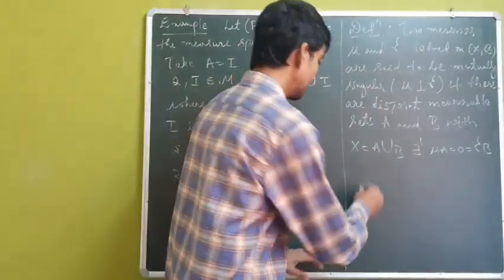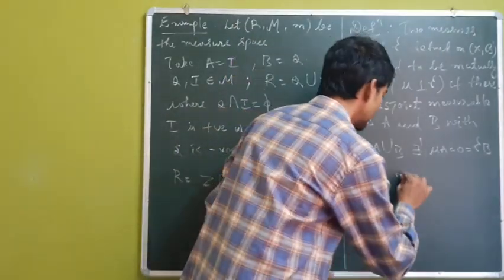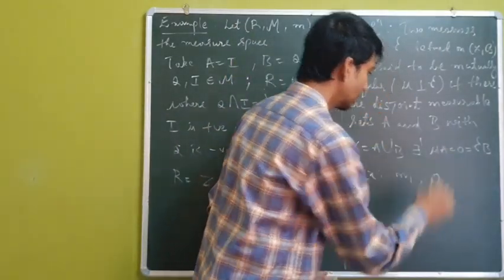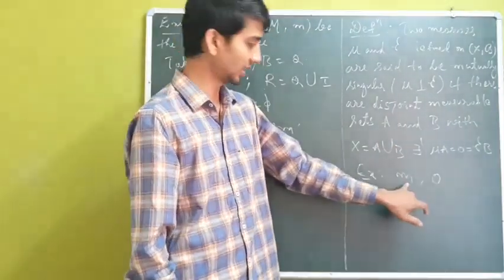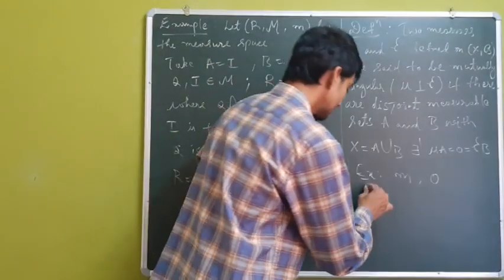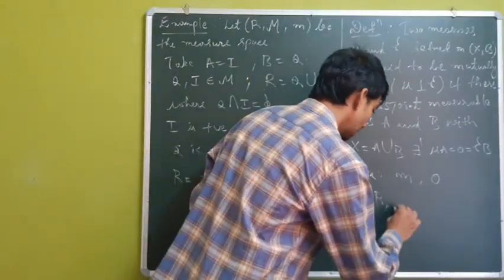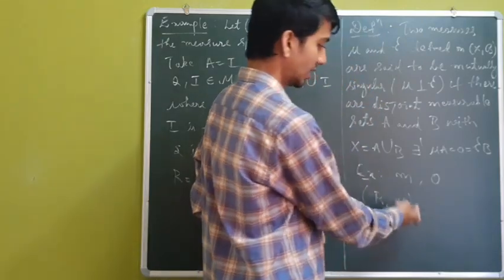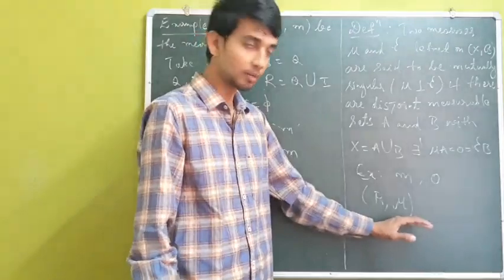As an example of mutually singular measures, consider two measures: the Lebesgue measure M and the zero measure. I will consider the set R of all real numbers, along with the collection M of Lebesgue measurable sets, so that (R, M) is a measurable space.